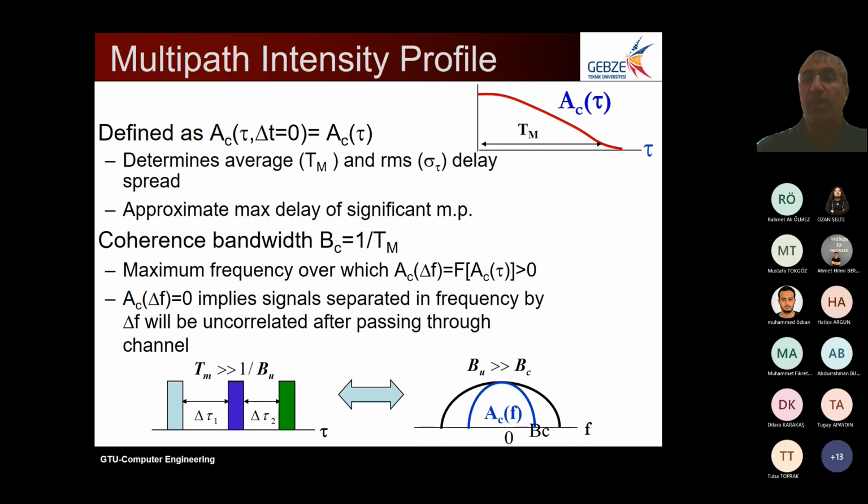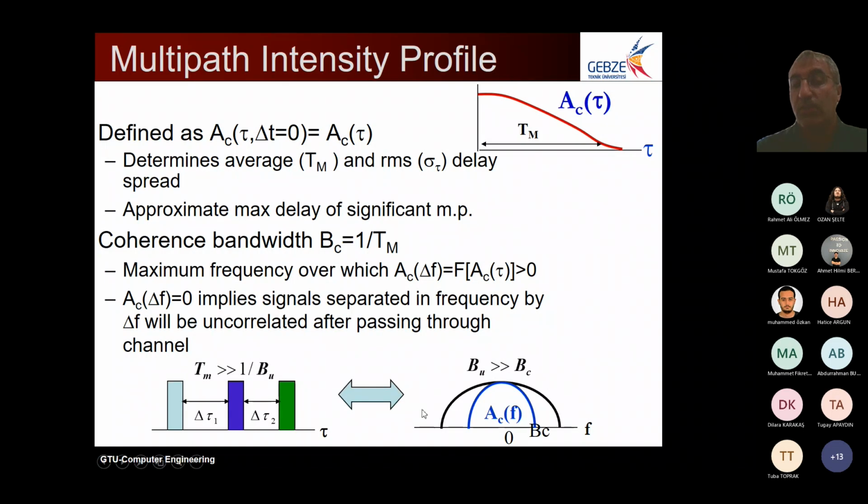We have the multipath intensity profile in order to determine the average delay spread, or RMS delay spread, of the channel. Once you obtain this maximum delay spread Tm, if you take the inverse of this, you obtain the coherence bandwidth of the channel.